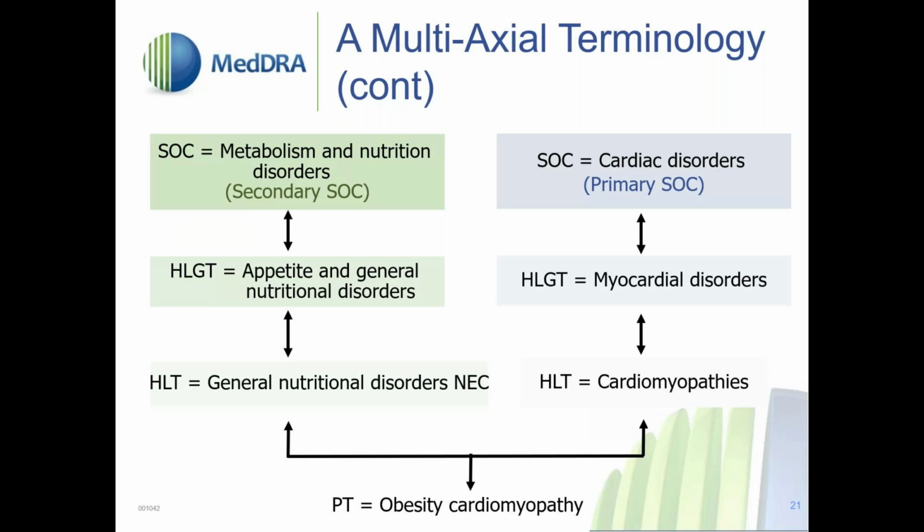When you are running your data output and you're defaulting to your primary SOC view, you're only going to see this listed once under the cardiac disorders. But if you are interested in obesity disorders for your particular product, you can run your data outputs to show the secondary system organ class, and you'll be able to see it grouped with other types of terms that are linked to the obesity disorders and metabolism nutrition disorder SOC.